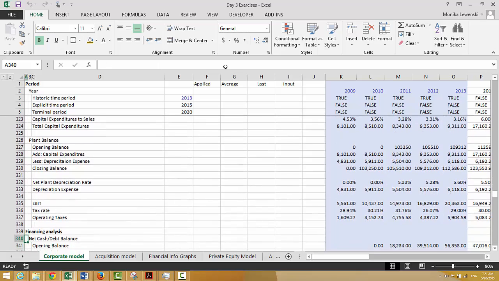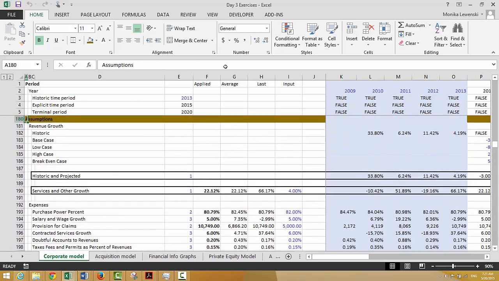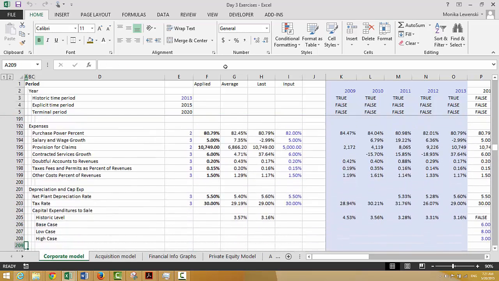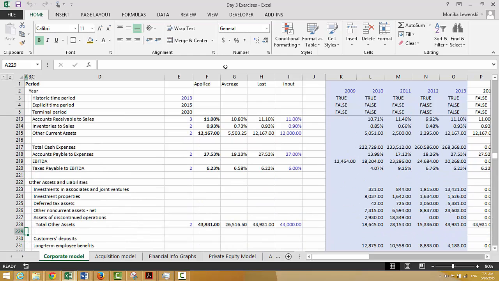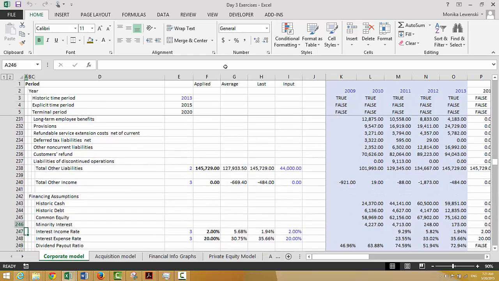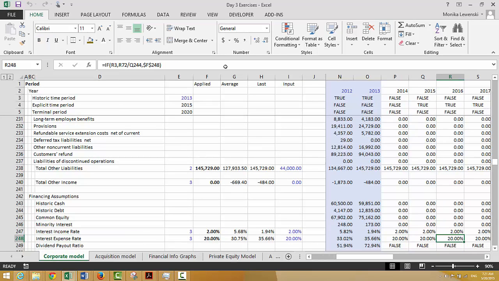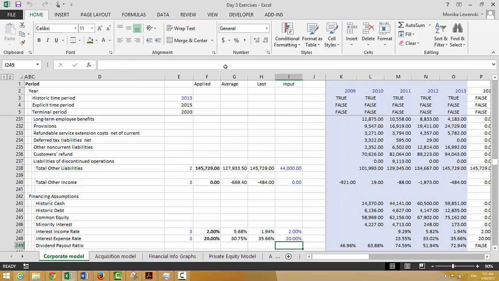So when we have the financing analysis, we go up to all of our assumptions. And when we go down to our assumptions with respect to financing, which should be kind of the last one, when we put the dividend payout ratio, how many other falses did we have? Actually, that was the only false we had.